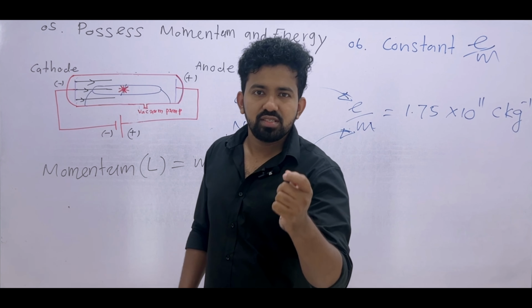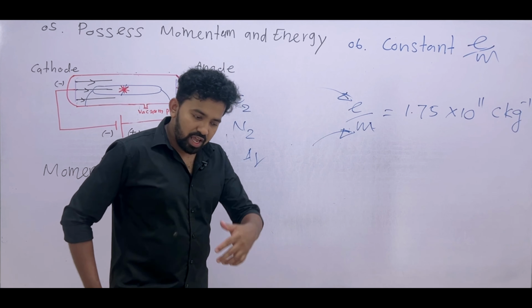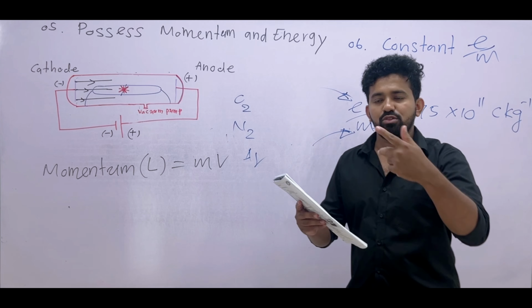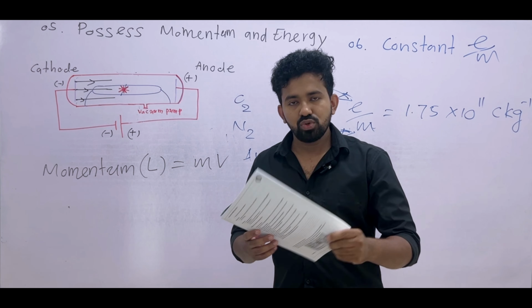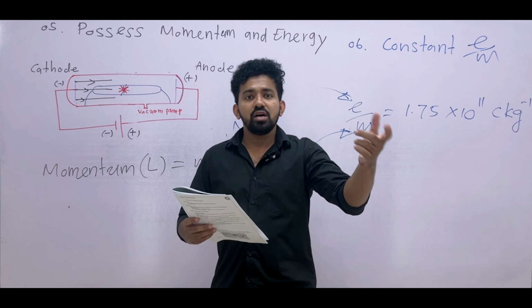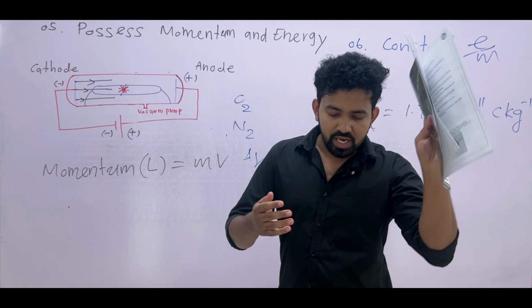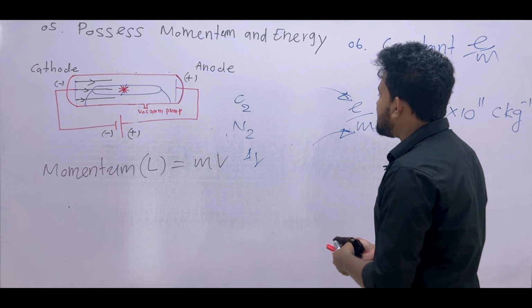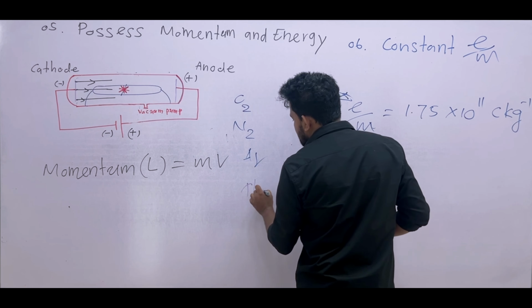Those are the basic things regarding the cathode rays, and I have given many more properties in the first theory book, so you can refer to that. I will also be doing this next month, right? In our theory class there will be 3 types of theory.